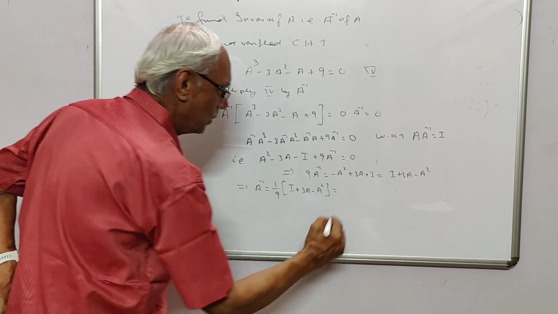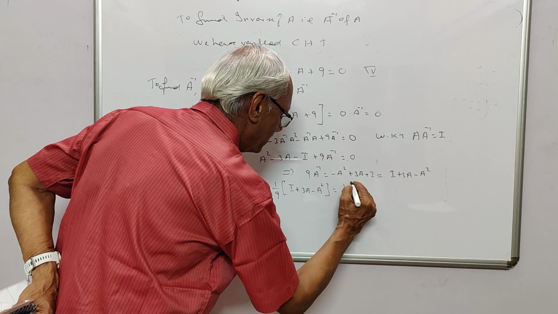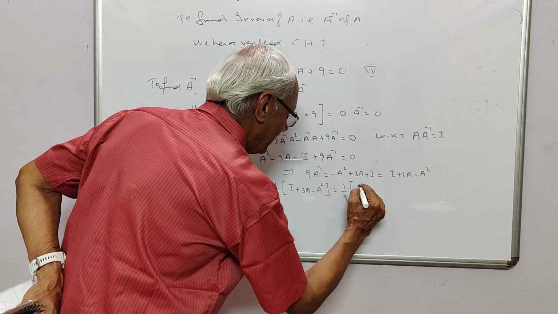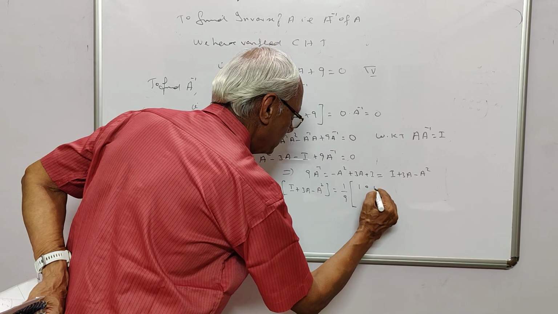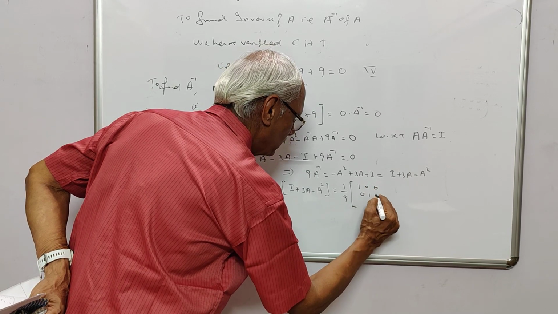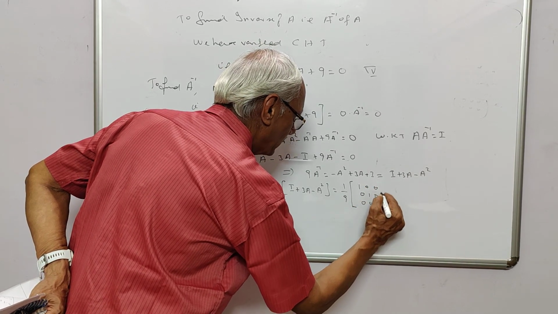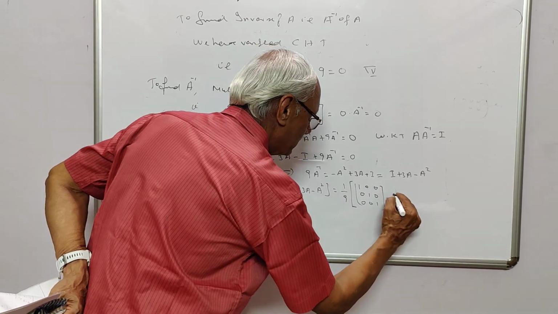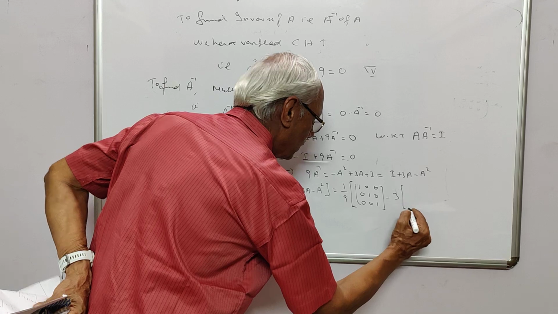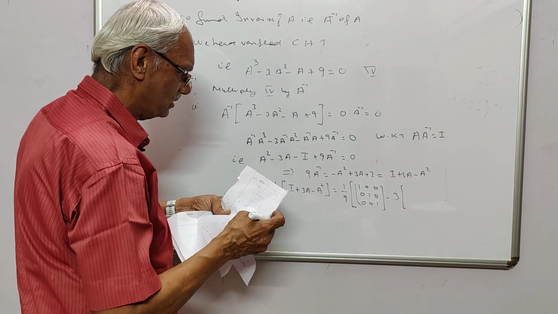So this is equal to 1 by 9 into I, which is 1 0 0, 0 1 0, 0 0 1. This is your matrix. Minus 3 into, what is it that you will get? What is your A?